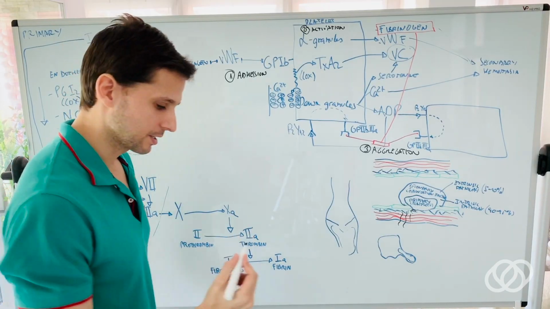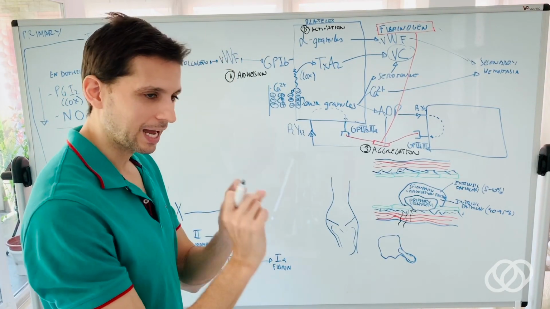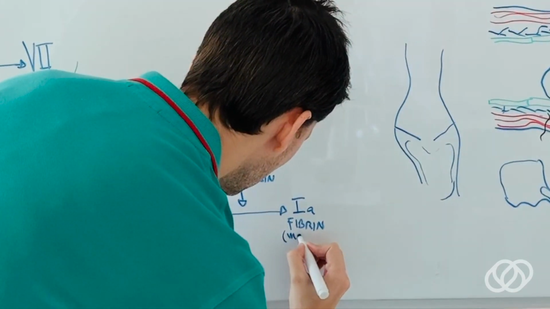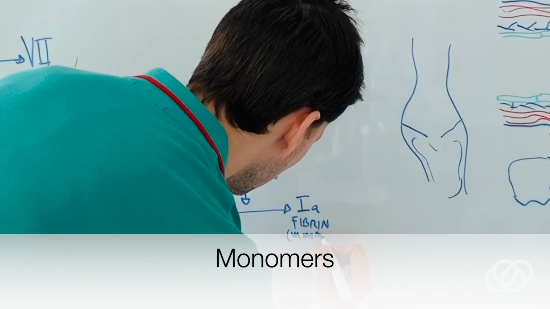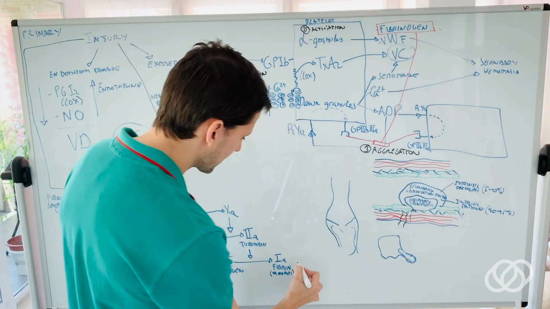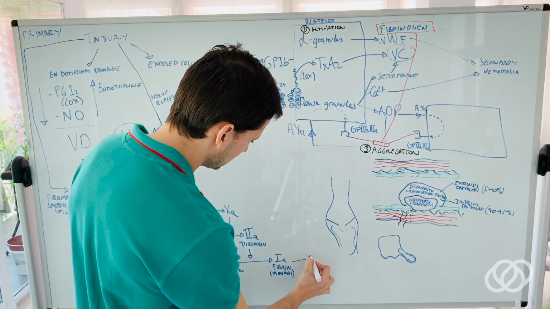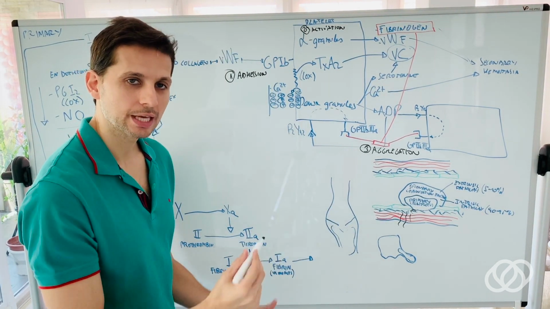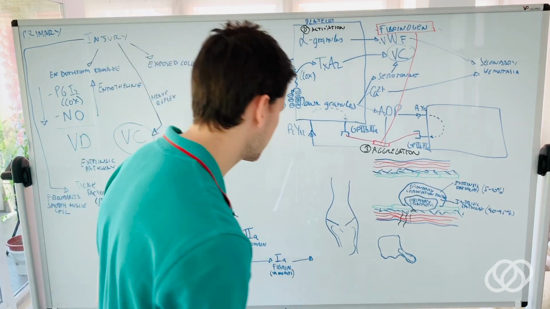But this fibrin is only monomers, so they are isolated monomers of fibrin. So they become aggregated and they start forming strands, so they get the fibrin mesh.